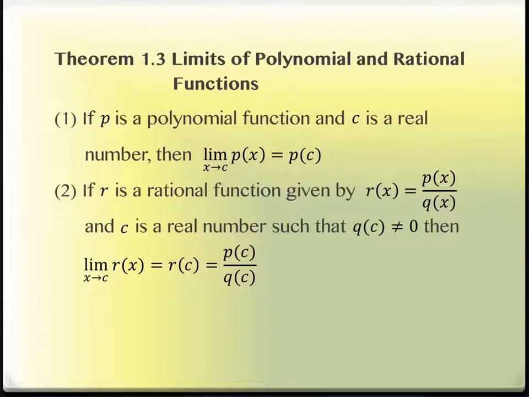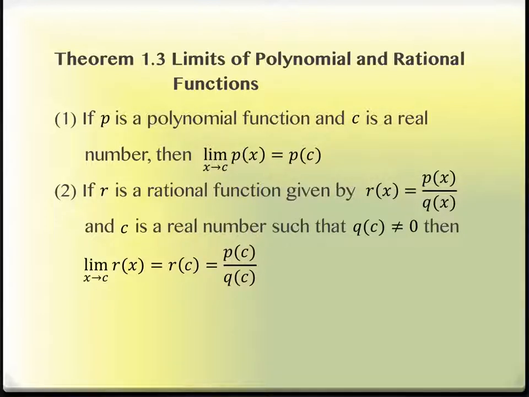Lines. Lines are polynomials. They're not very exciting. Parabolas, quadratics, those are polynomials. X cubed, x to the fourth, x to the fifth, all of your power functions, okay? Those are polynomial functions. So as long as you have a polynomial function, the limit is the function value, always.